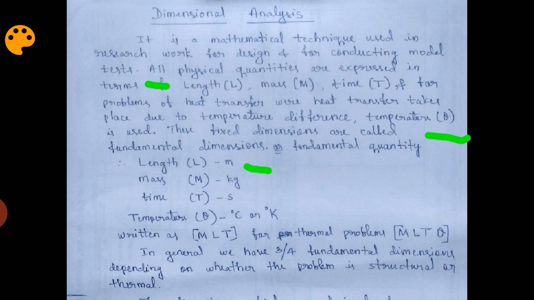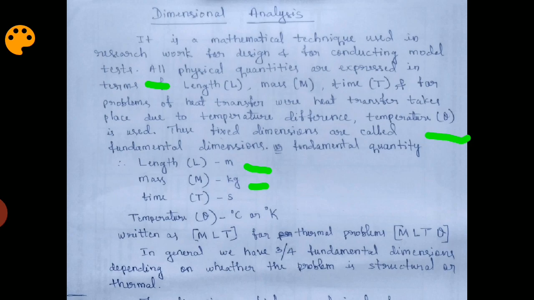Then mass, you can measure mass in grams, kgs or anything, but in SI unit we use kg, and it is indicated by capital M. Then time, you can measure time in seconds, hours, days, but in SI unit we use seconds. Small s is the symbol, and capital T is used.